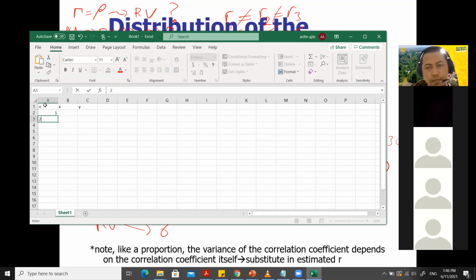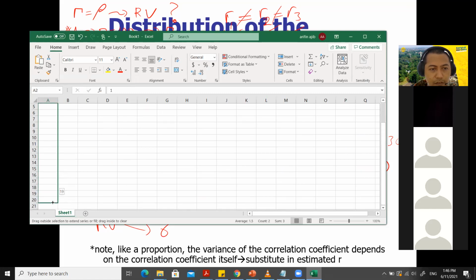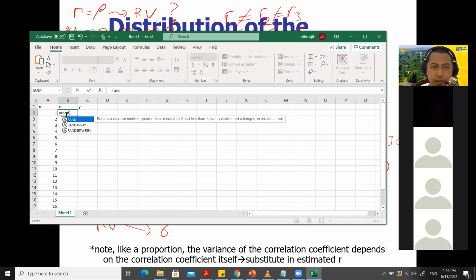For example, let's say 19. This is random, equal to 0 random.